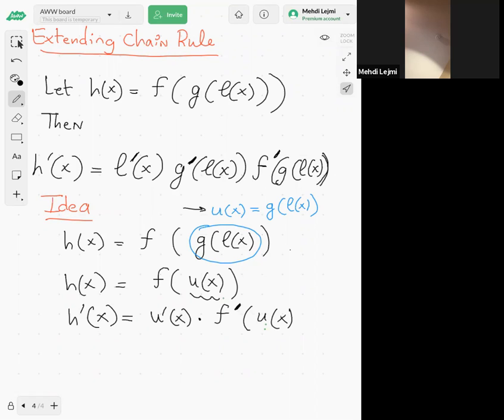Imagine you have f of g of x: the derivative would be g prime, the derivative of the function inside the parentheses, times f prime of g. But here instead of g, we have u. Anyway, we can still apply our formula.